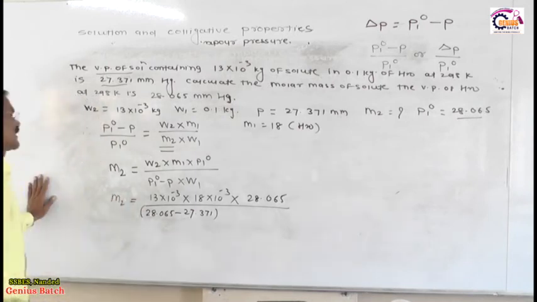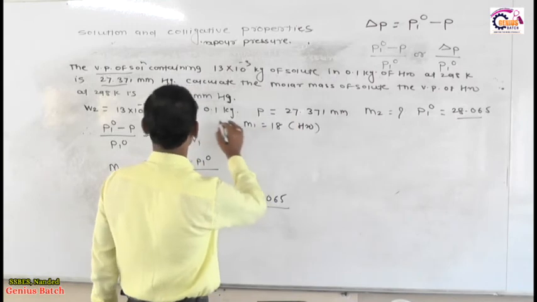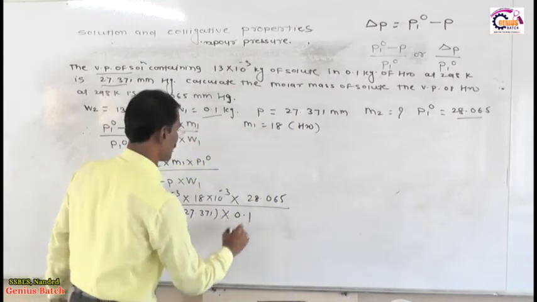This is P10 minus P into W1. W1 means weight of solvent, which is given as 0.1.